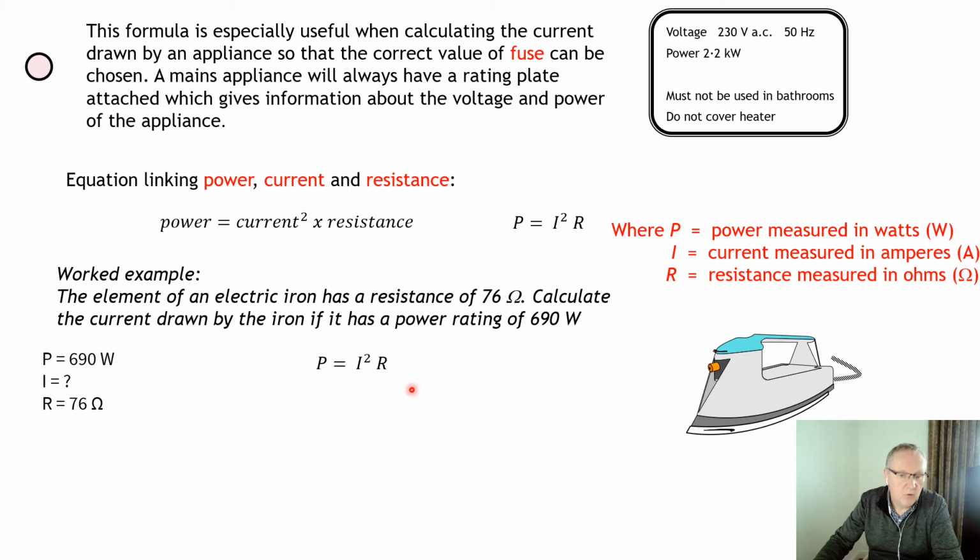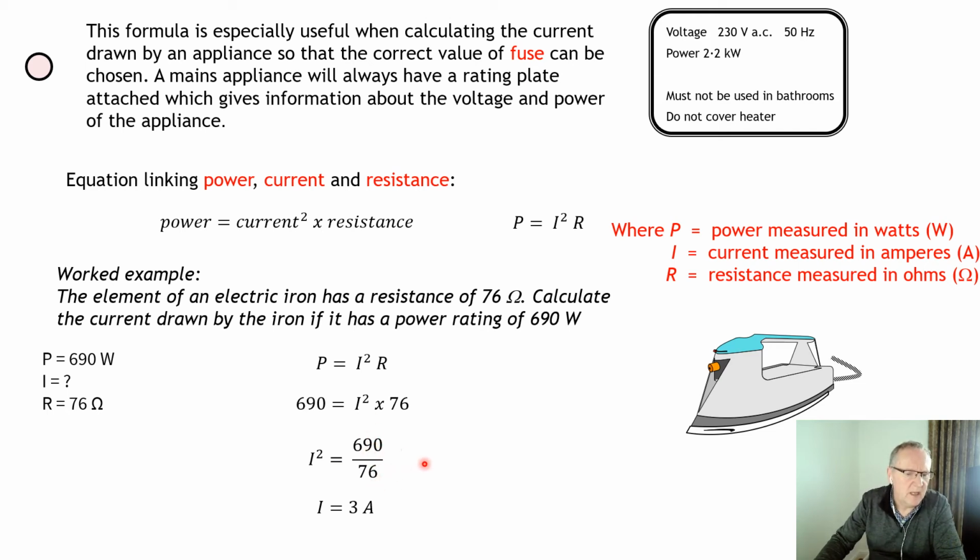First mark is for writing down the equation. You then substitute in the numbers in the correct place. So the power is 690, so that goes there. I squared is the unknown, the resistance is 76. So then you rearrange the subject of the equation. So it gives us that I squared equals 690 divided by 76, which I've missed that line out there, but you could have written down or worked out what 690 divided by 76 is.